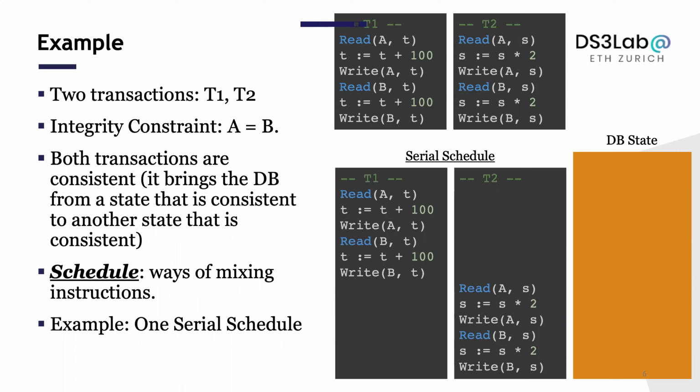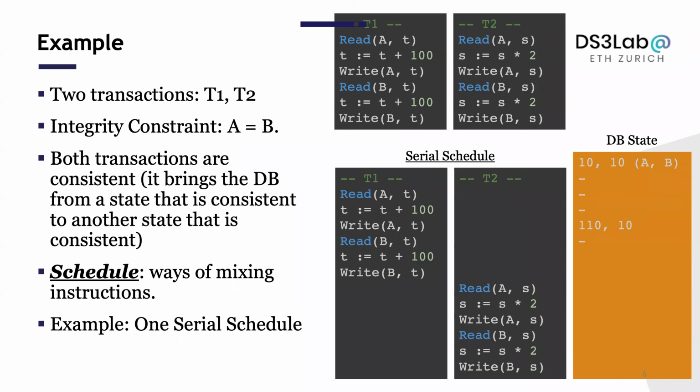So if you think about what's going to happen, it's going to contain a whole bunch of transformations of database state. For example, at the beginning, in my database, I have A equals 10 and B equals 10. And you follow the instructions one by one, right? You first run this, and then you increase the variable T by 100, you write it back, right? Your database state is going to change. You start to have a database state where A equals 110 and B equals 10, right?